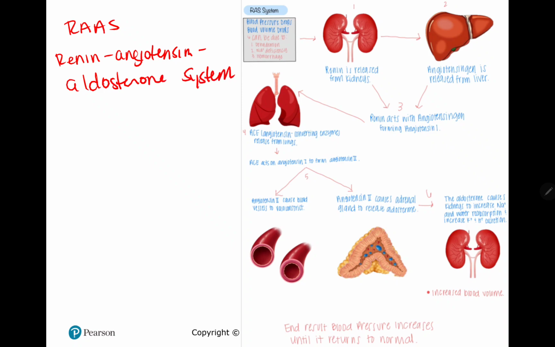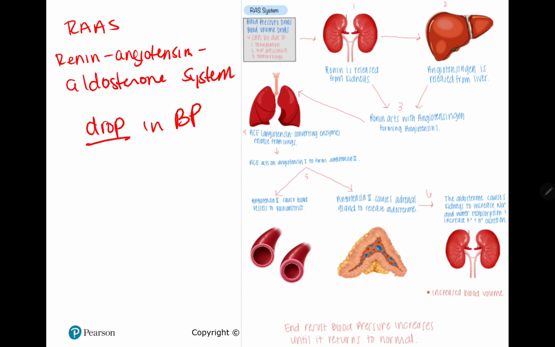What's going to happen is this system is going to be activated when we have a drop in blood pressure. So if you're dehydrated, you don't have that much blood volume, and obviously blood volume is going to be directly associated with blood pressure. So if you have a reduced blood volume, you have a reduced blood pressure.